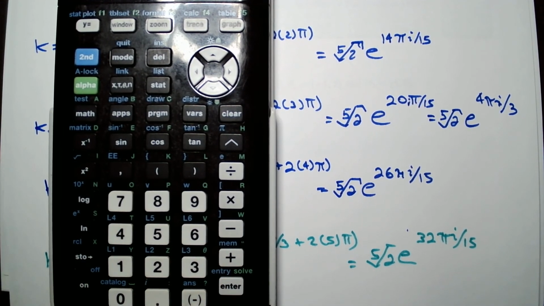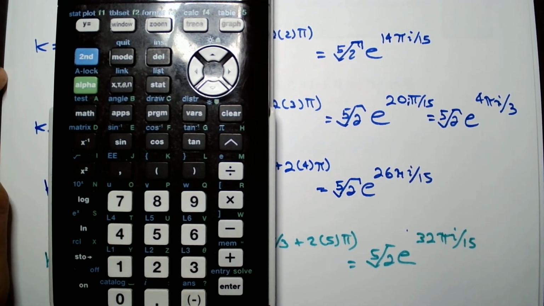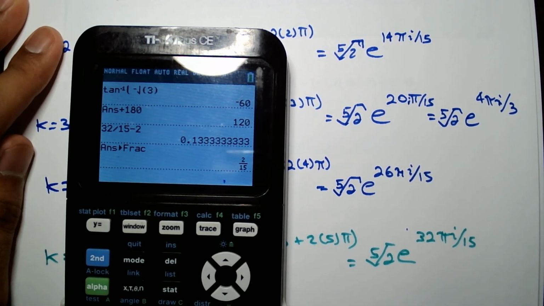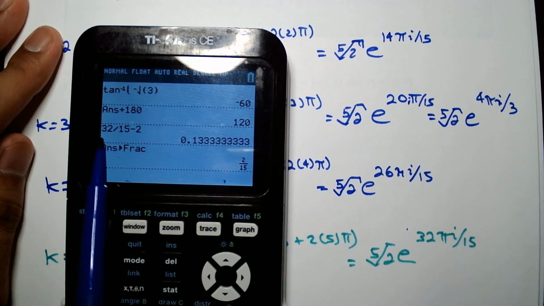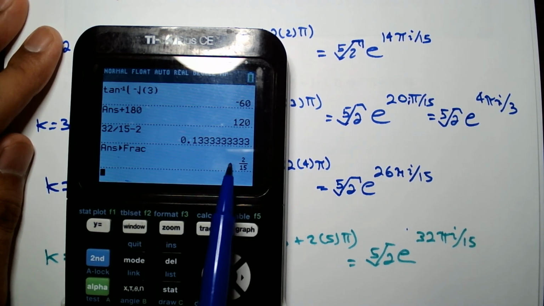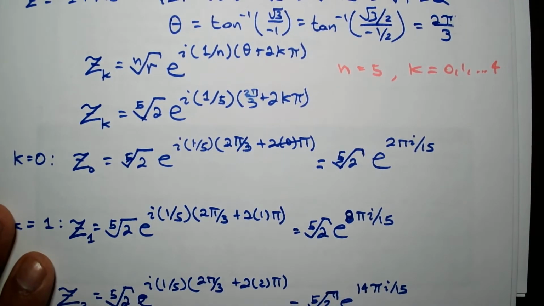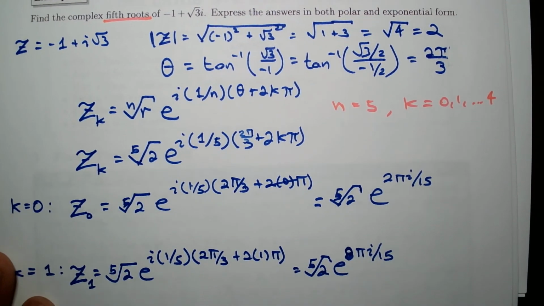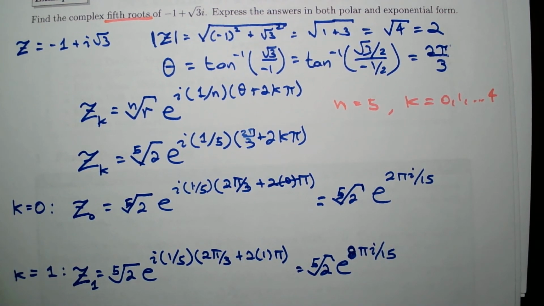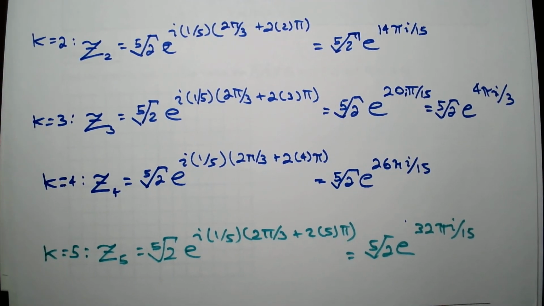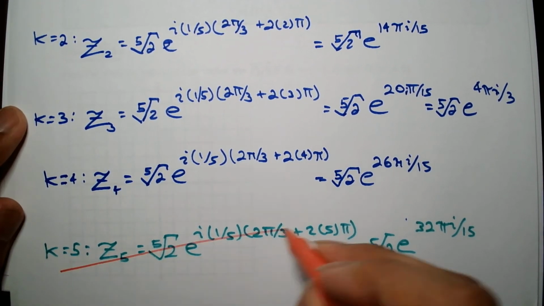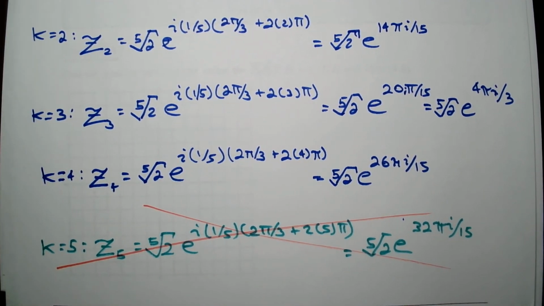So what I was doing is 32 over 15 minus 2. We get 2 over 15, which is the same as the k equals 0, 2 over 15. So that's why k only goes from 0 to n minus 1. This one we don't need to do.